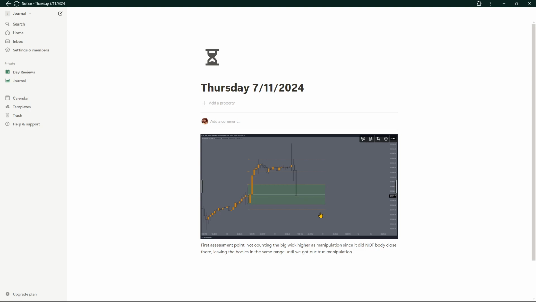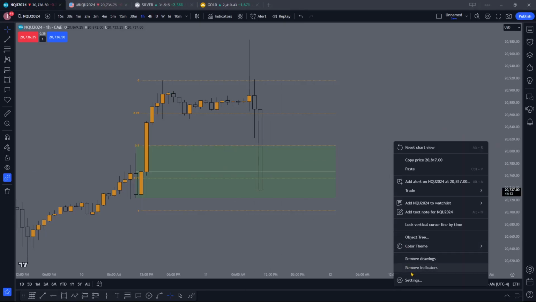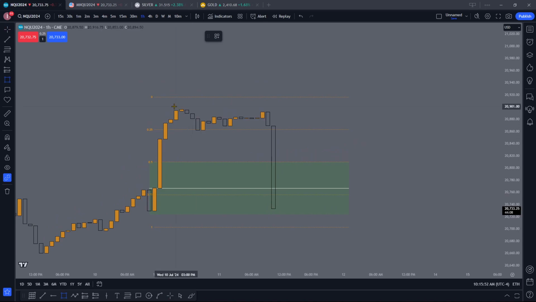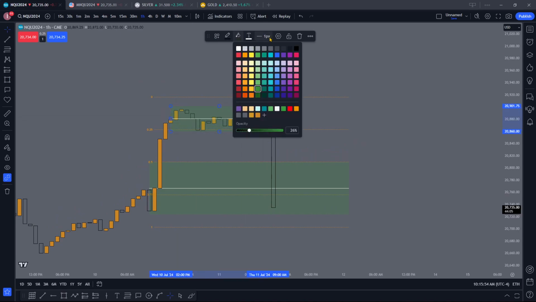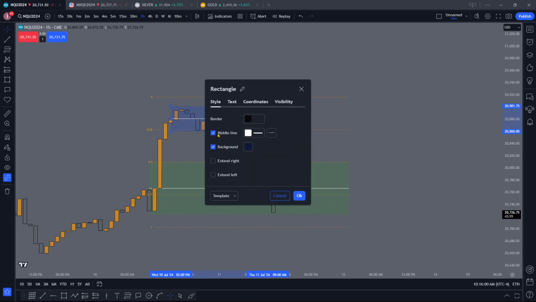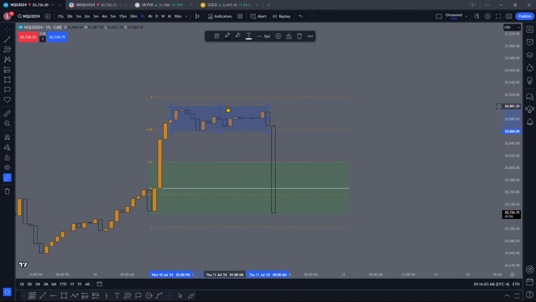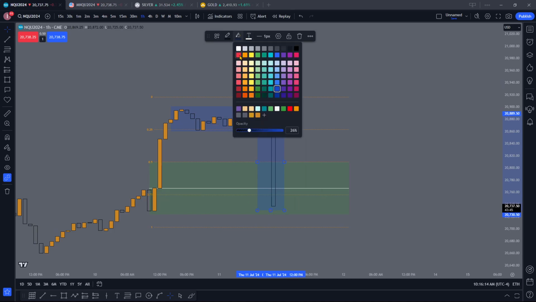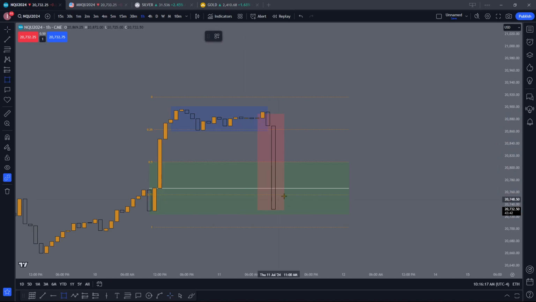And let me take off the wicks. So accumulation, take off the lines, manipulation. And then anticipating distribution, like this.